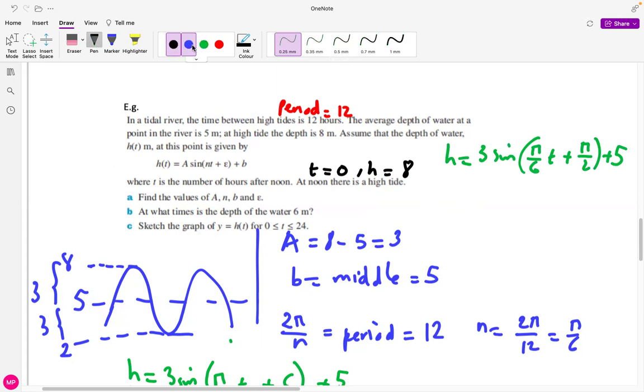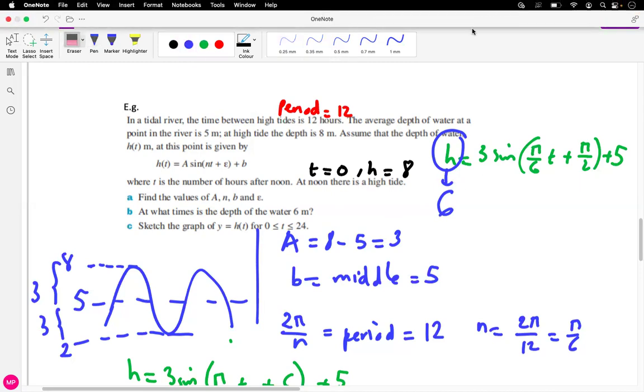So if it's 6 meters, this means H equal 6. Then you can put this on the calculator and you can solve for T. And the last thing is to draw the graph. And then again, this question can be done on the classpad as well, which we already revised how to do it.